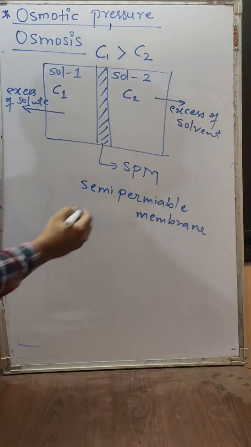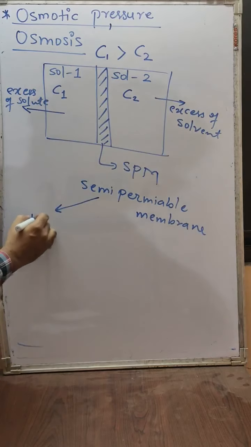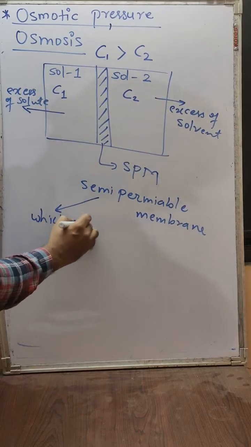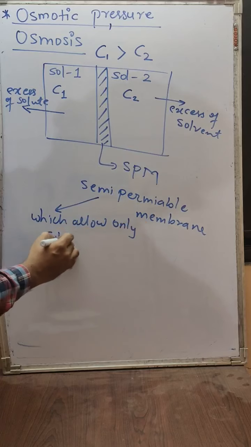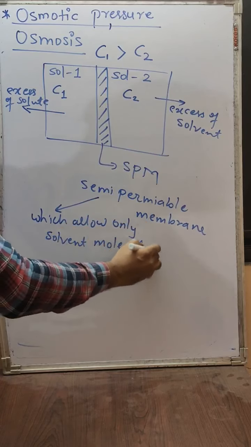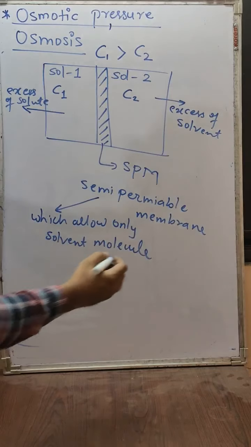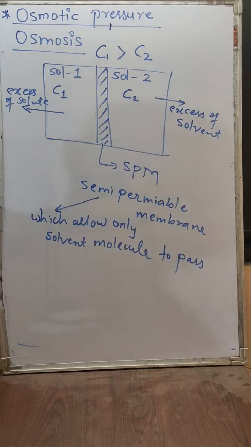Semi-permeable membrane means half permeable, which allows only solvent molecules to pass, because solid particles are larger in size.